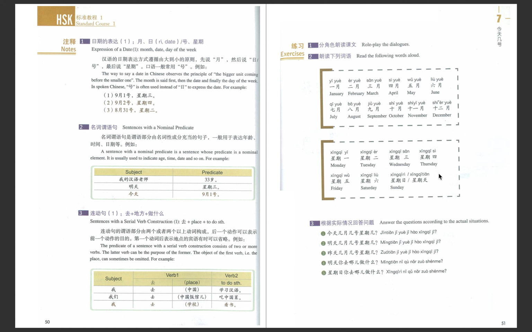Another one here. From Monday to Sunday, it starts from Monday. So Monday is number one. So you put number one and all the way to six.